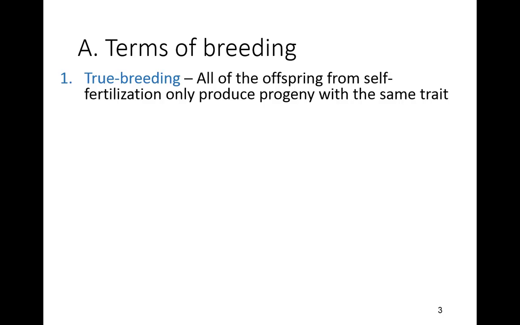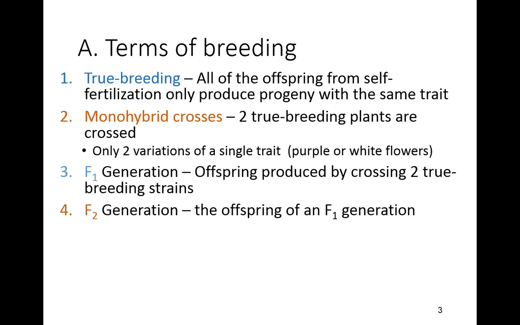Mate's not the right word, but fertilize. And then all of its progeny will have the same trait. So if it has purple flowers, you have it self-fertilize, it will make seeds, you plant those seeds, those grow up and they'll have purple flowers as well. And if you had white flowers, and you self-fertilize those flowers, it would also show those same white traits, white flowers in their progeny.